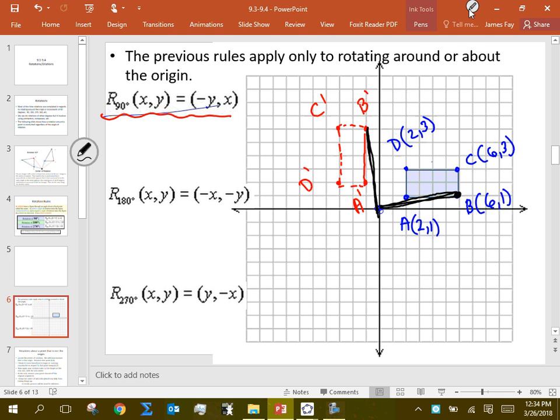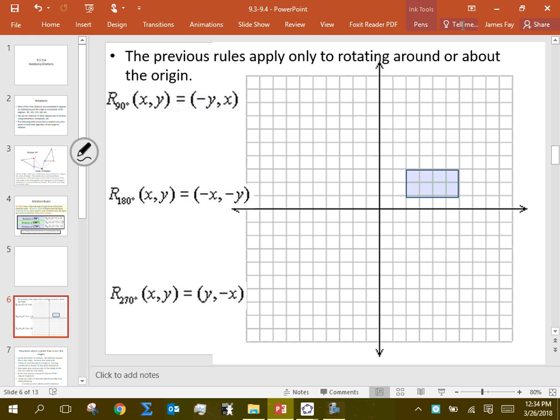Okay. Coming down here to 270, let's just take A, which is at 2 comma 1, and B, which was at 6 comma 1. Instead of rotating the whole thing, let's just rotate that segment.